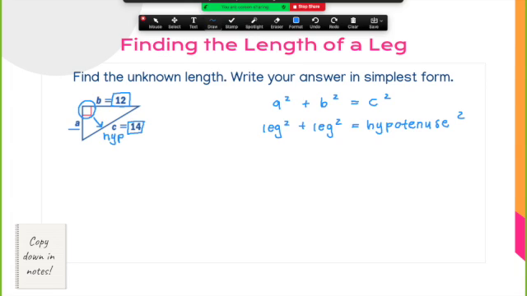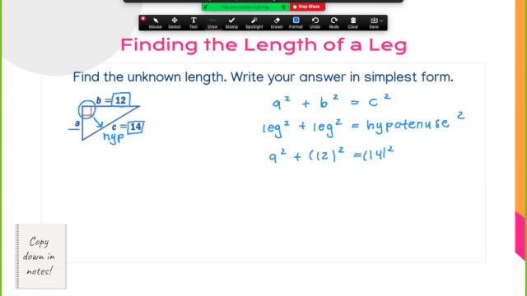And so I'm going to use a to the power 2 because it's the unknown length. I have one of the lengths of the leg, which is 12 to the power 2. And then the last one is that 14 to the power 2 that we're just leaving on its own over here.